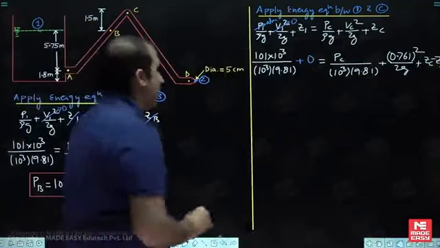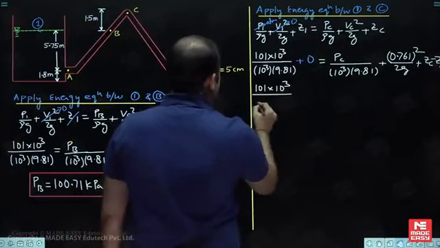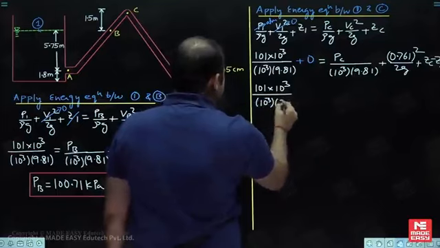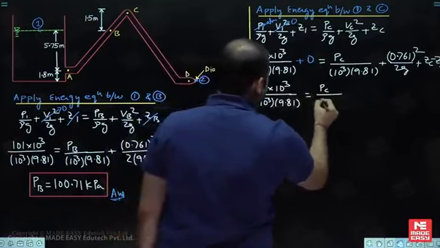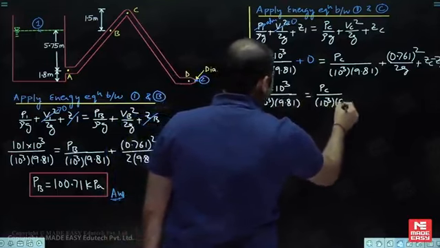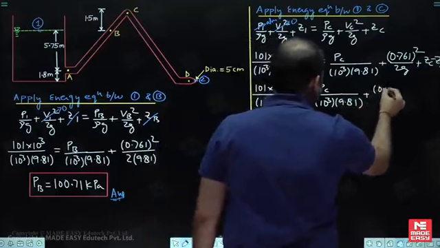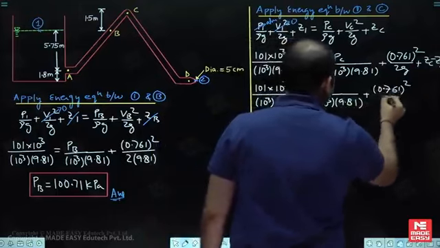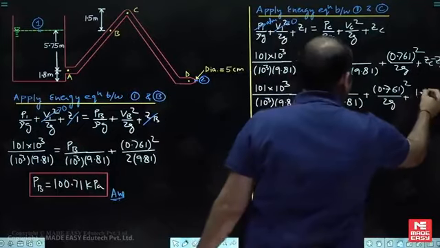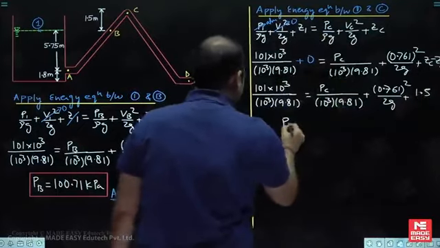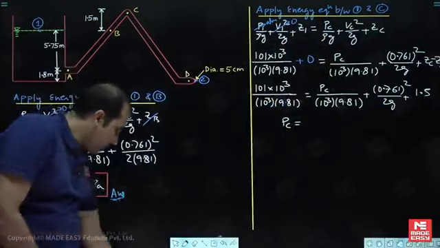So 101 into 10 to power 3 divided by 10 to power 3 into 9.81 is equal to PC by 10 to power 3 into 9.81 plus 0.761 square divided by 2g plus 1.5. Solve it, you will get the value of PC is equal to whatever I have in the calculation.